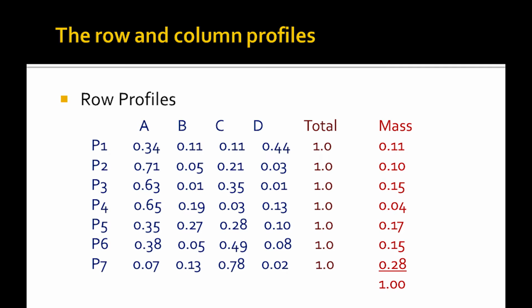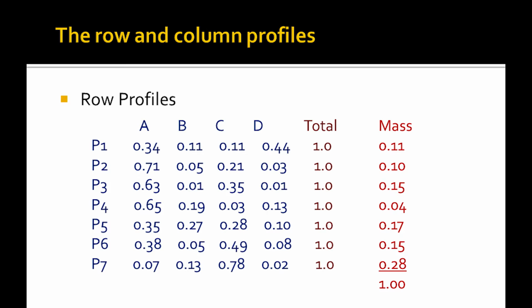Similarly, if we look at the last row, we see that of the type 7, only 7% comes from A, 13% from B, 78% from C, and 2% from D. And we can readily say from this that C and 7 are closely related.